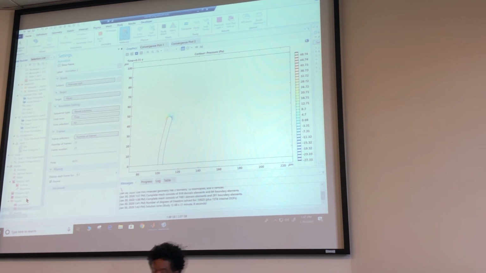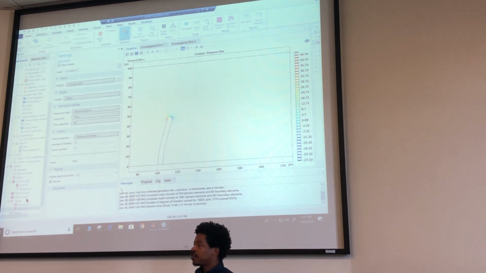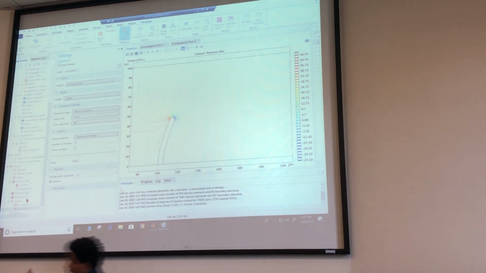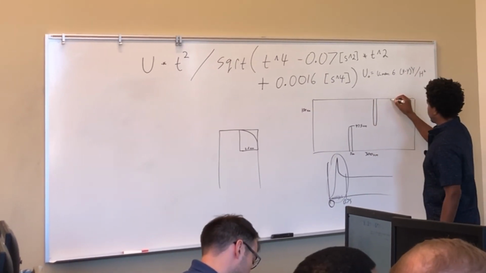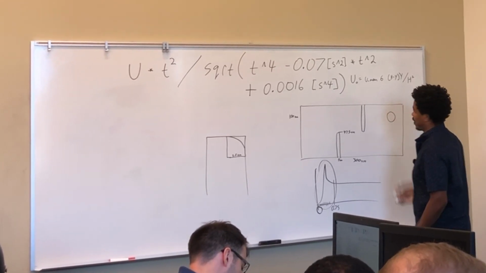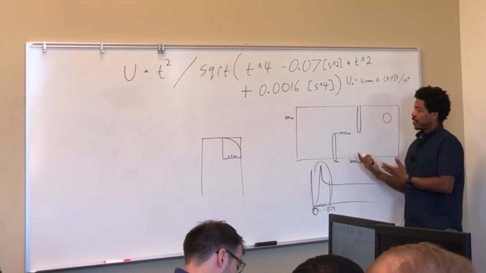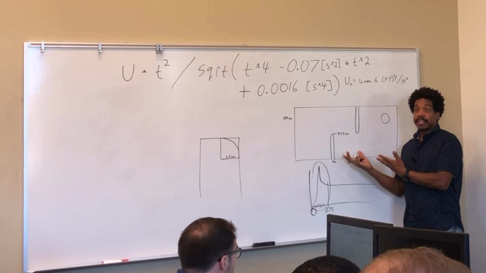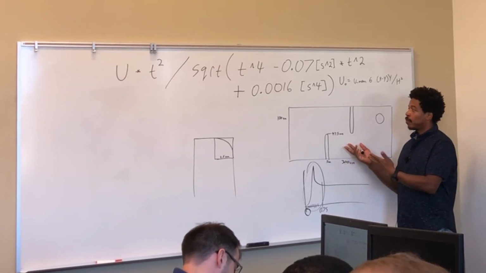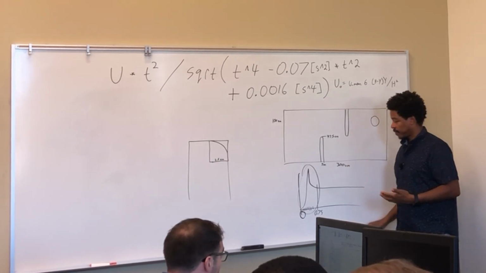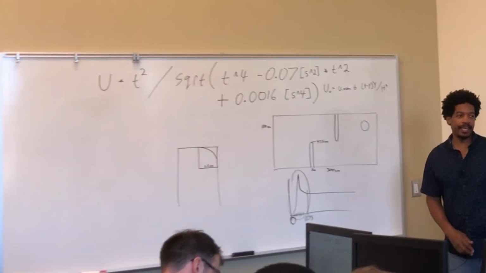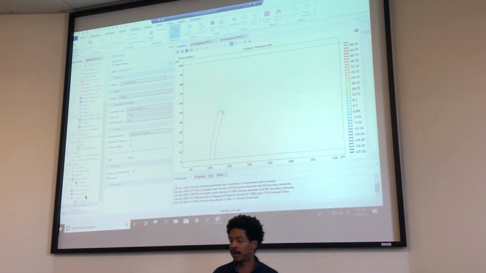So go through this example again and try something new. Maybe put another structure right here, or maybe a hole in there. I don't know, but first try what we just did. Once you get the hang of it, then try to change it around a little bit. So next Tuesday, at least we'll have this type of model mastered.